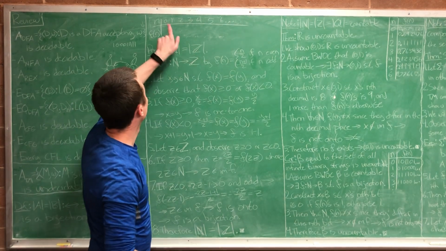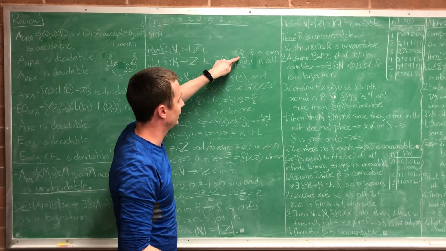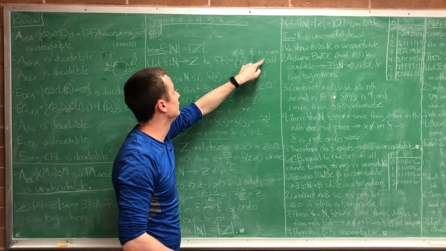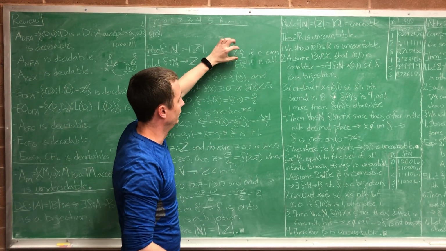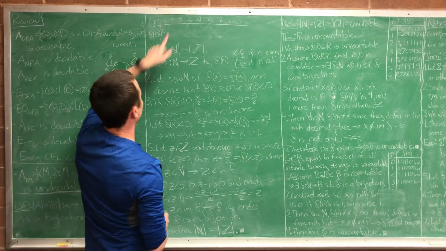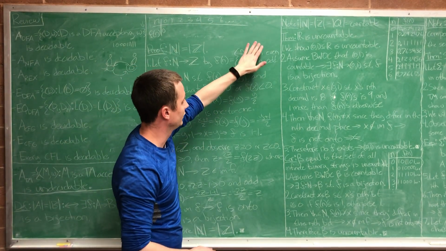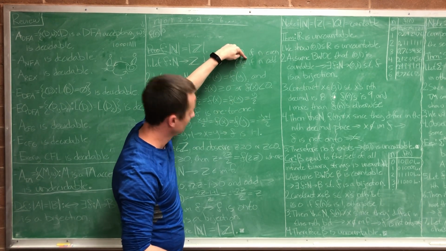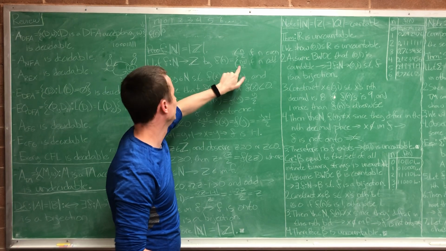Well, let's test it. When I plug 0 into this function, what do I get? Is 0 even or odd? It's even, so we use this one. What's 0 divided by 2? 0. So 0 maps to 0. Okay, now we plug 1 in. Is 1 even or odd? It's odd. So we plug it in down here. 1 plus 1 is? 2. Divided by 2 is? 1. Make it negative.